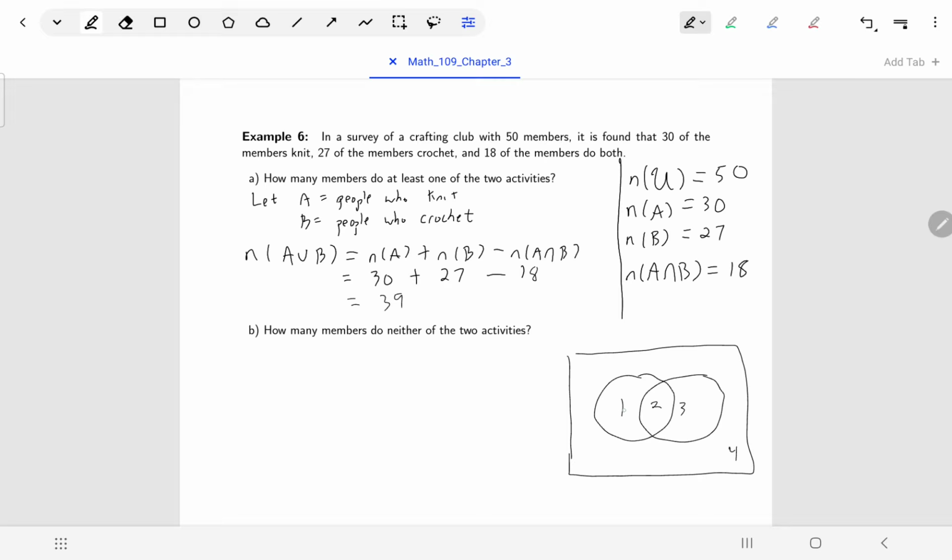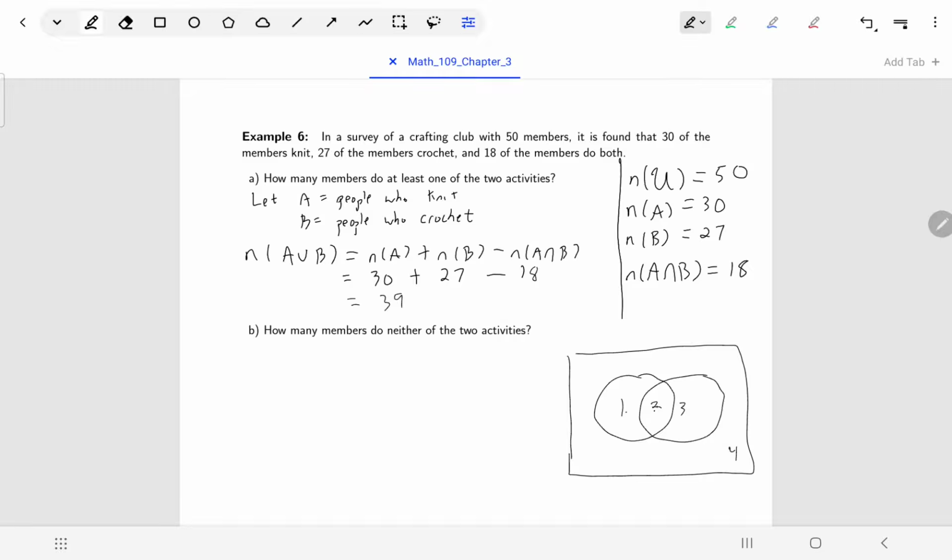But I also know that there's 50 people in the universe in total. So the difference between the 50 people in the universe and the 39 people inside of A union B should be the people who are outside of A union B.